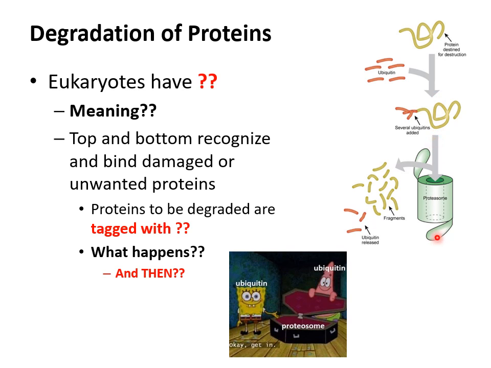Proteins that are degraded are going to be tagged with what's called ubiquitin. It's a short little sequence of amino acids. When you have the ubiquitin on the protein, that's partially what helps those top and bottoms to recognize and bind the proteins that need to be degraded.